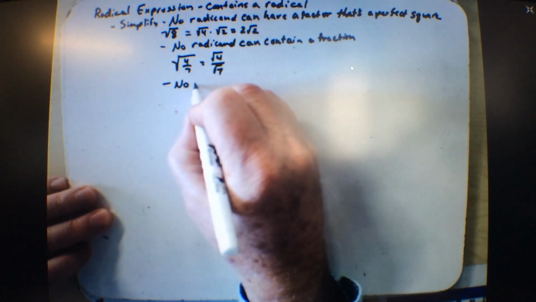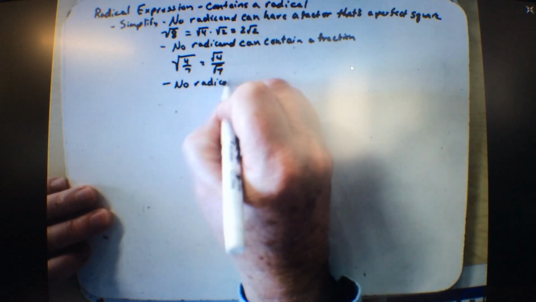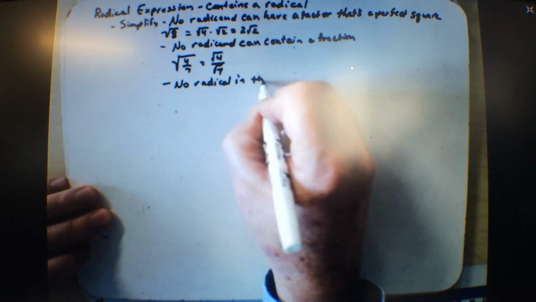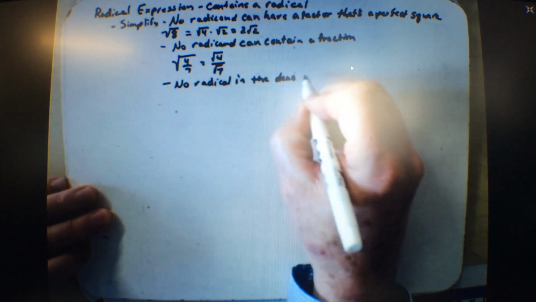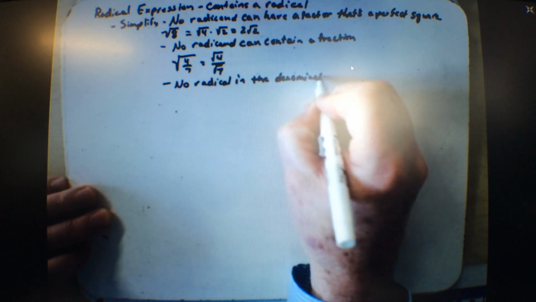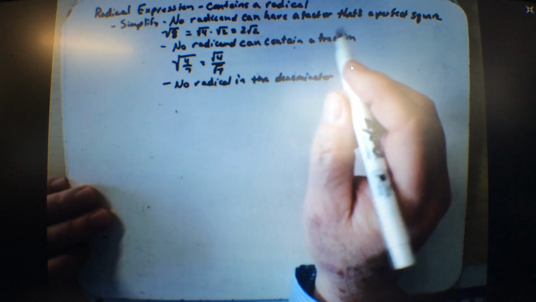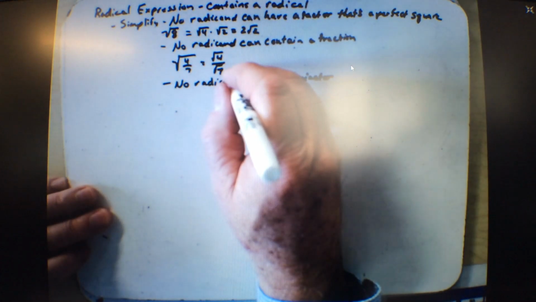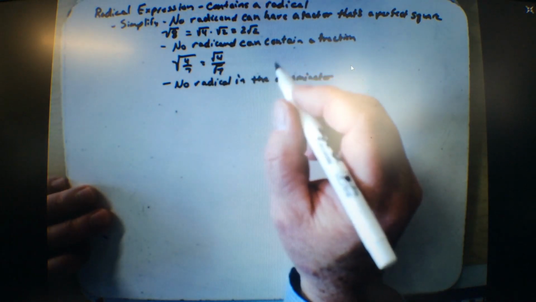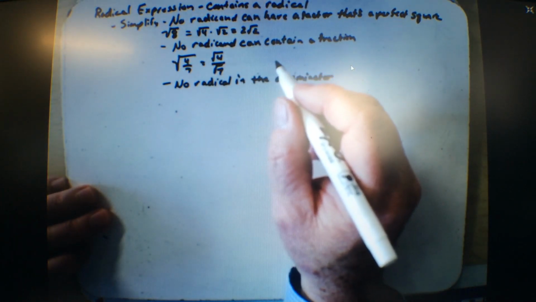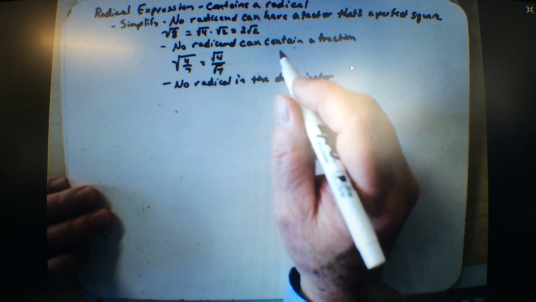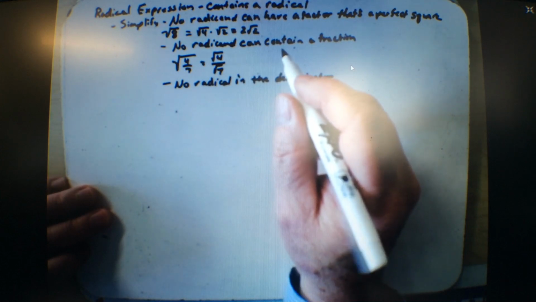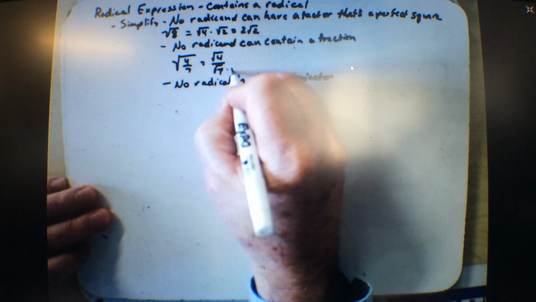No radical in the denominator. Remember that? What do we call the process to remove a radical from the denominator? Rationalizing the denominator. Thank you, Ryan.